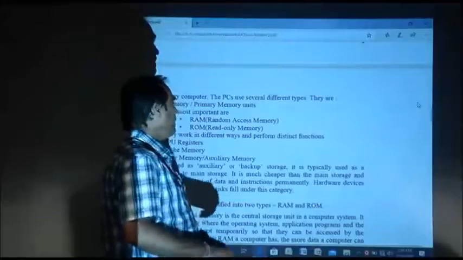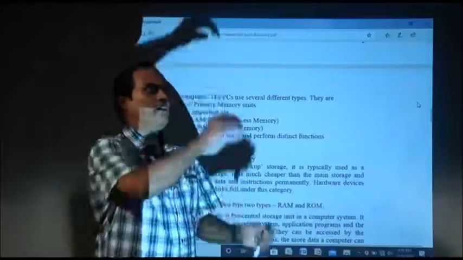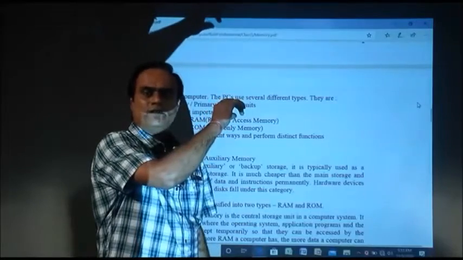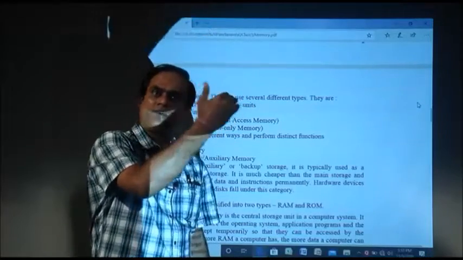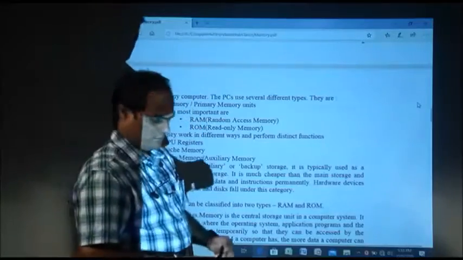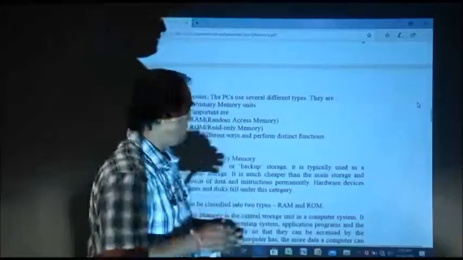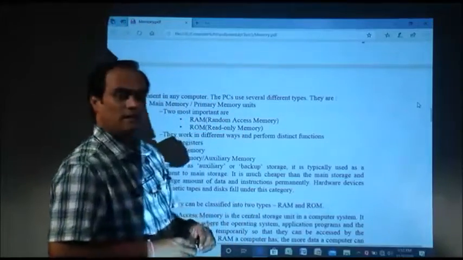One is internal memory and another is external memory. So, what does internal memory mean?